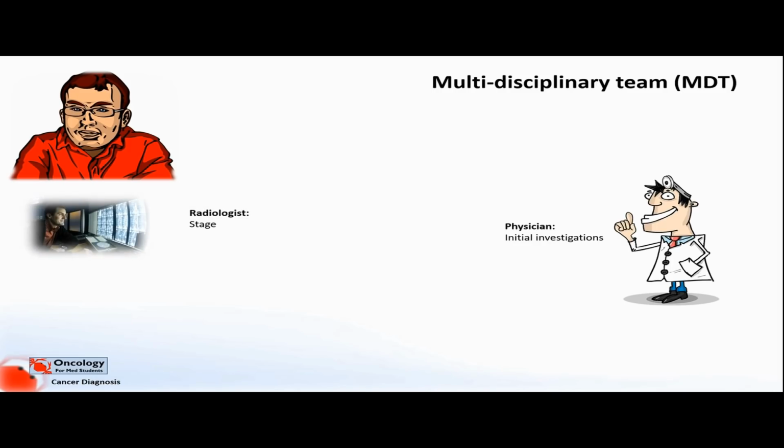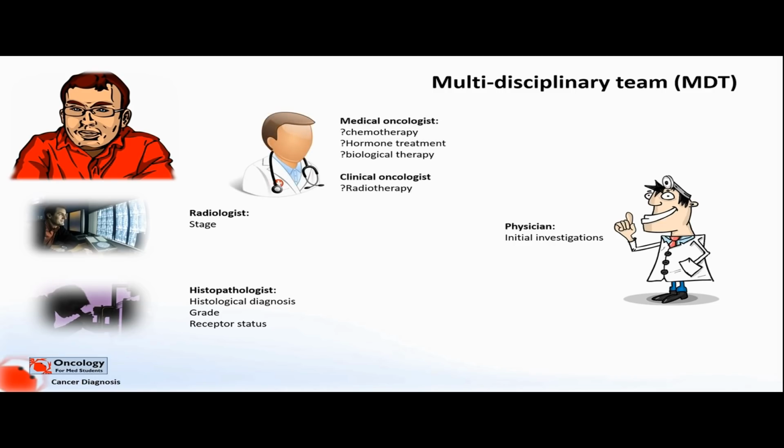We have the radiologist, who can look at the scan results and determine the stage of the cancer. We have a histopathologist, who can determine the histological diagnosis, grade and receptor status. And then we have the oncologist. In the UK, oncologists tend to be split into two different camps.